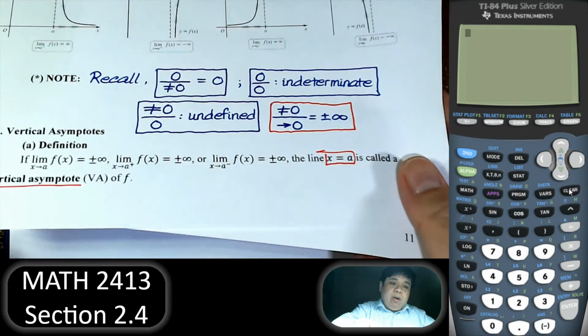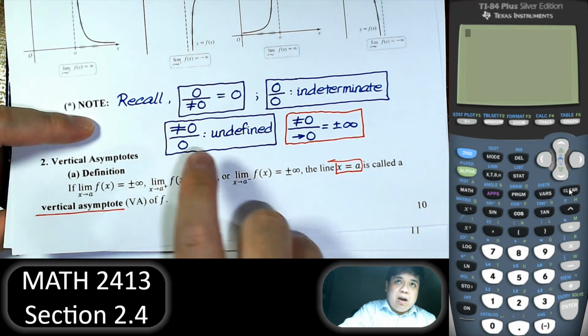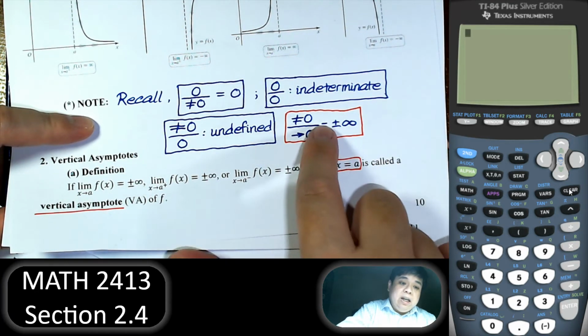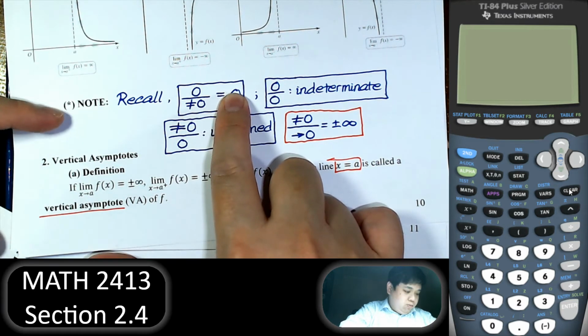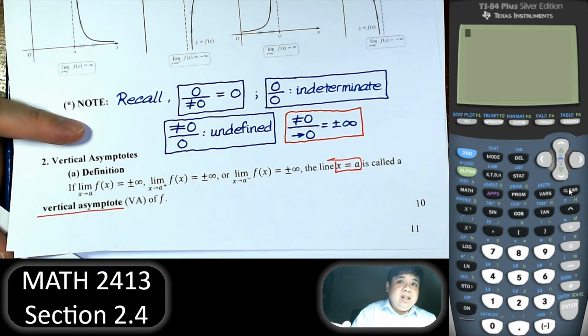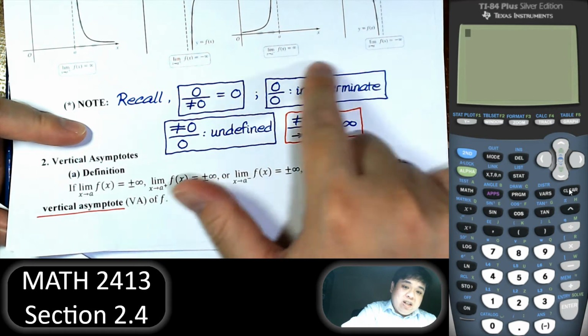We only worry if we have something other than 0 divided by 0. Only worry about this case here. If we have 0 divided by something else, that is definitely going to be 0. We don't even consider the left side or the right side. That one is definitely clear.